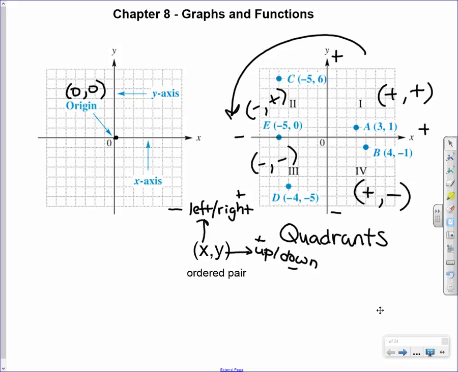So what we're going to be talking about in Chapter 8 is graphs and functions. Unlike some of the other chapters that we've done, this should be a little more like some things you've covered before in math classes. You've probably seen these types of equations and processes before, unlike some of the voting methods and maybe some of the financial stuff we talked about in our other units.